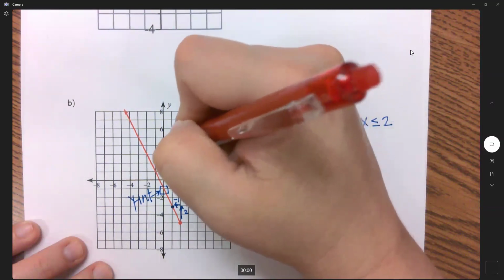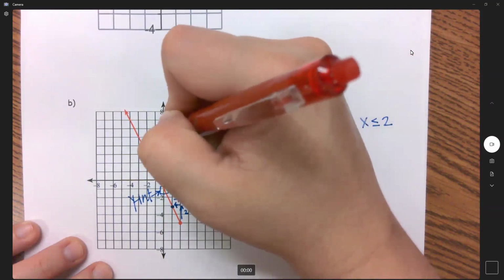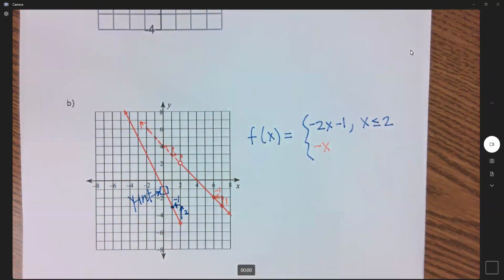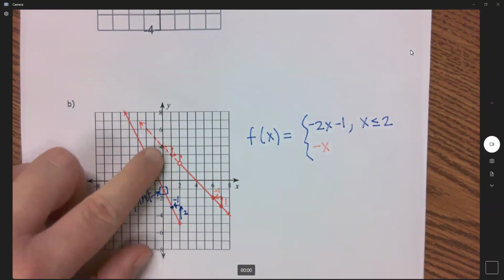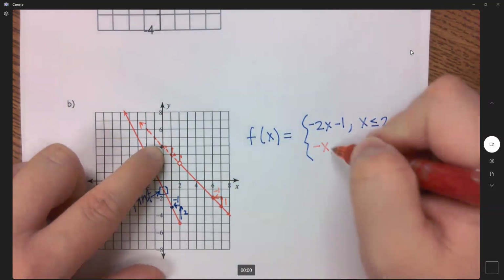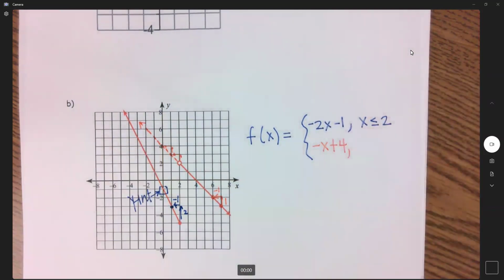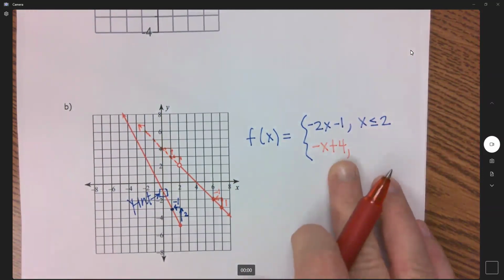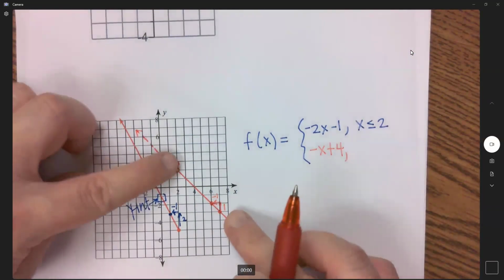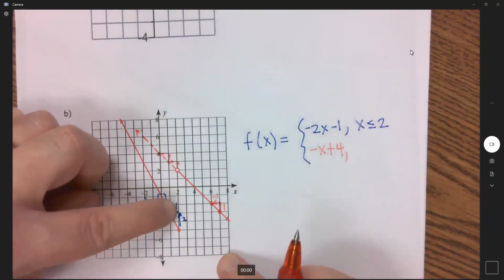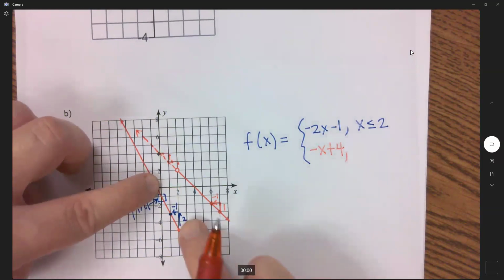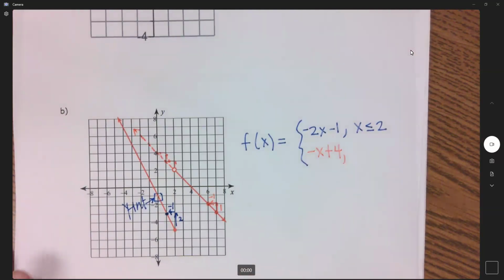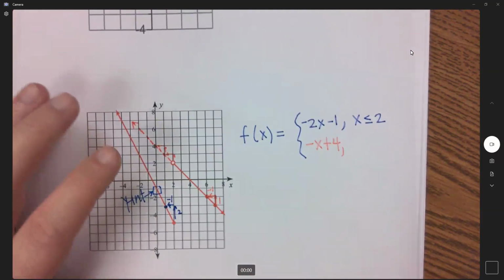Here is where my line would be if it wasn't restricted. So that y-intercept would have been right here at +4. If you don't say that that is at 4 and you just say -x, that shifts that whole line down, because then they would have the y-intercept at 4 starting down here. So you still have to have that, even though it's not touching it.